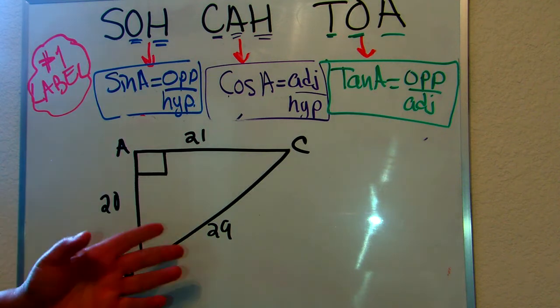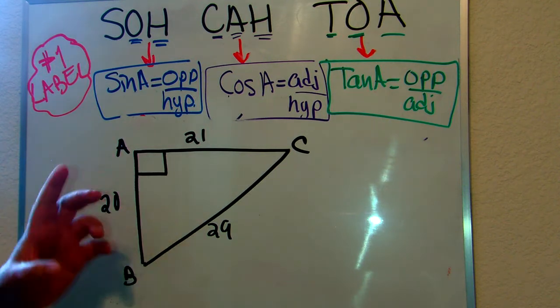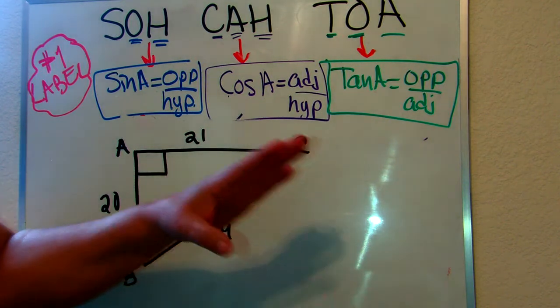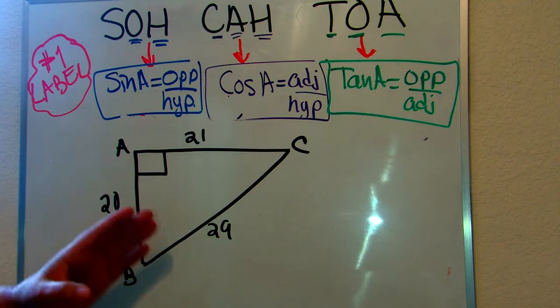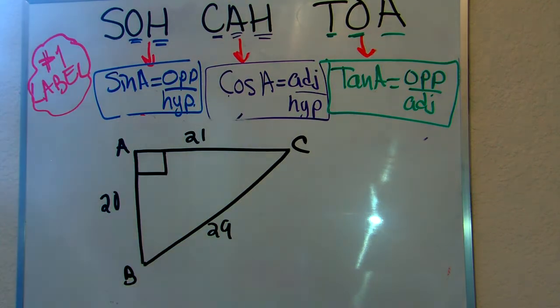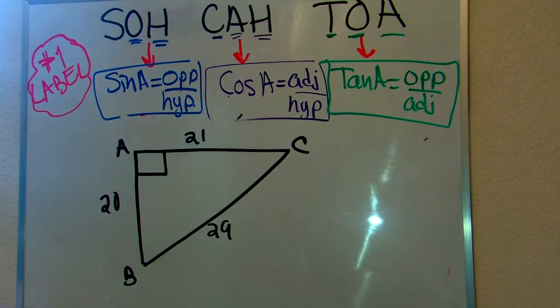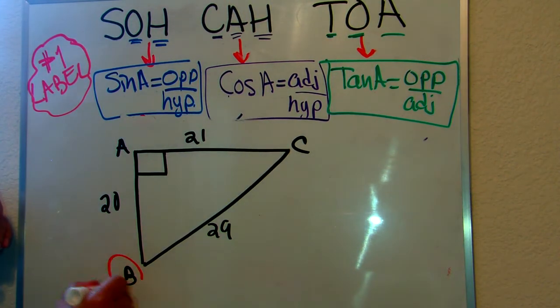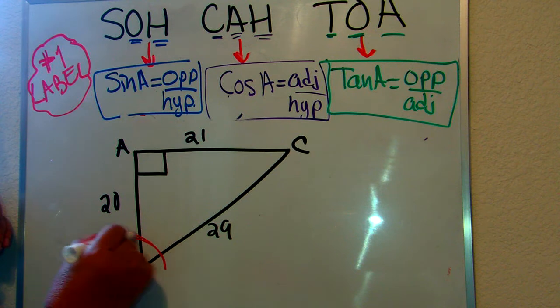Now, if you see your paper, this triangle is repeated 4 times because the instructions say you have to find the sine of angle B, the sine of angle C, so for B and C. All right, so let's begin with the first one, the sine of angle B. They're asking us to work with this angle right here, so we're going to use this as a reference.